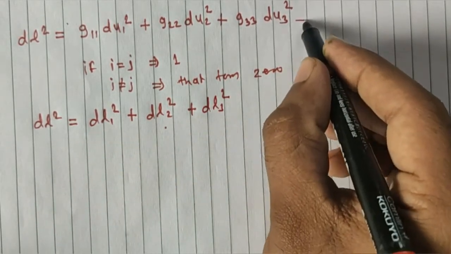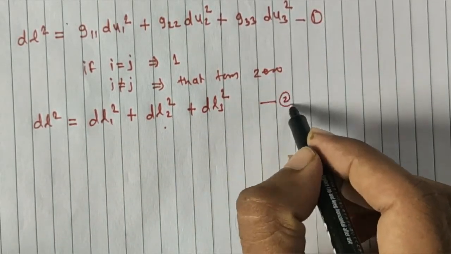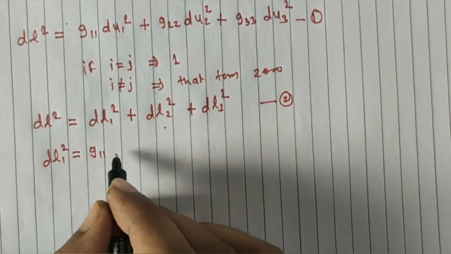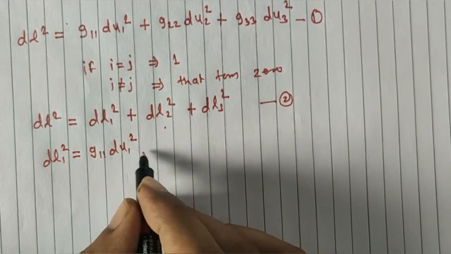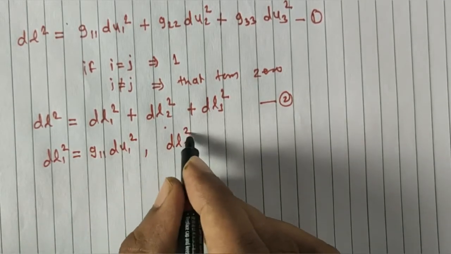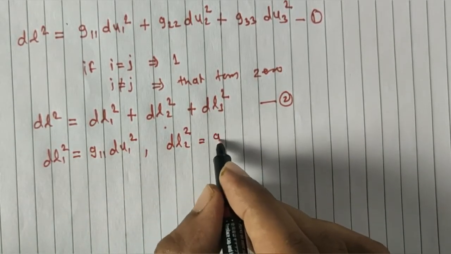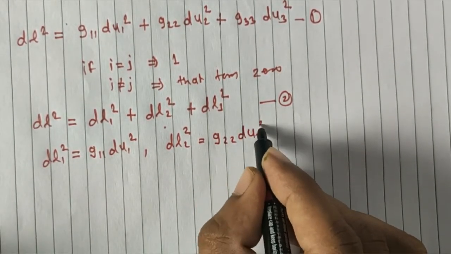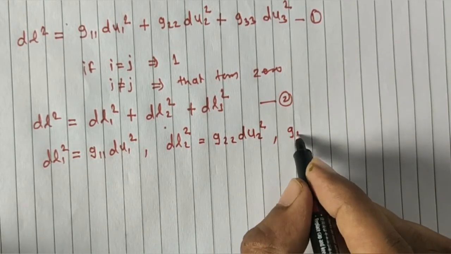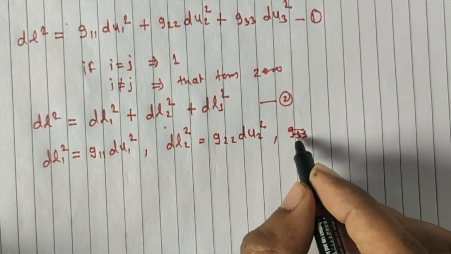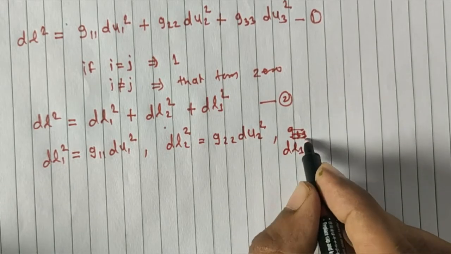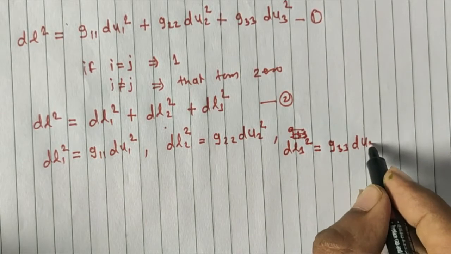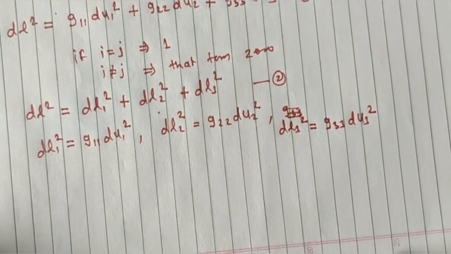If you compare 1 and 2, you will get dl1 square is equal to g11 du1 square, dl2 square is equal to g22 du2 square, and dl3 square is equal to g33 du3 square.